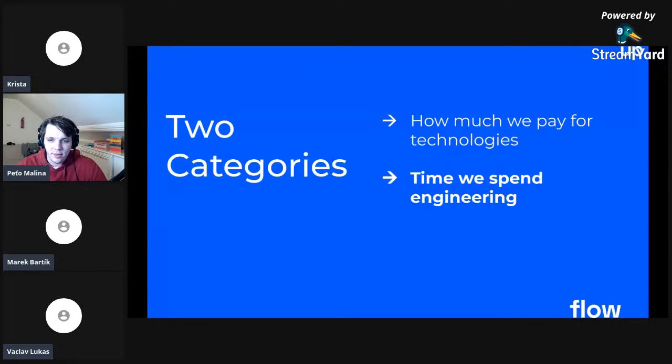As I already said, there are two main categories from my perspective. One is how much we pay for the technology, meaning infrastructure costs, services, licenses, and whatever you buy from providers, either cloud providers or SaaS providers. The second, which is far bigger most of the time, is the time we spend engineering.